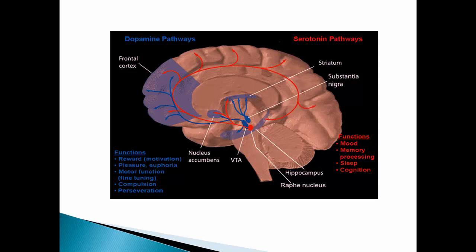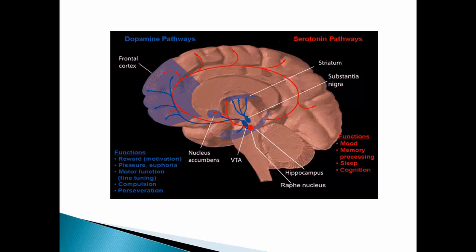So norepinephrine, and you don't see that on this slide, but I wanted to remind us of that. Norepinephrine is important in the mediation of arousal. So again, think about individuals that you worked with who have a brainstem deficit. You have difficulty with their conscious arousal or the ability to arouse.